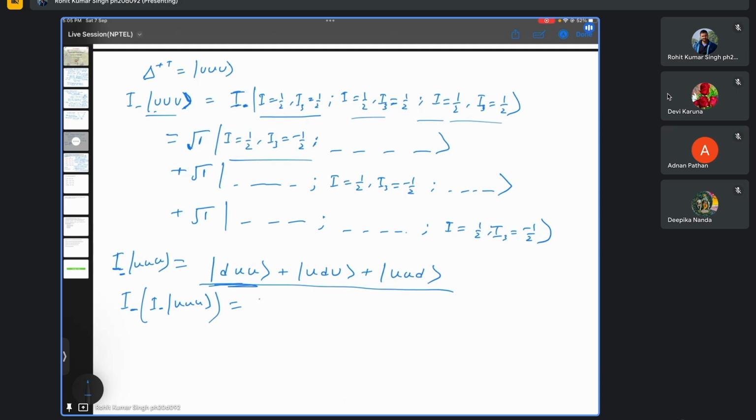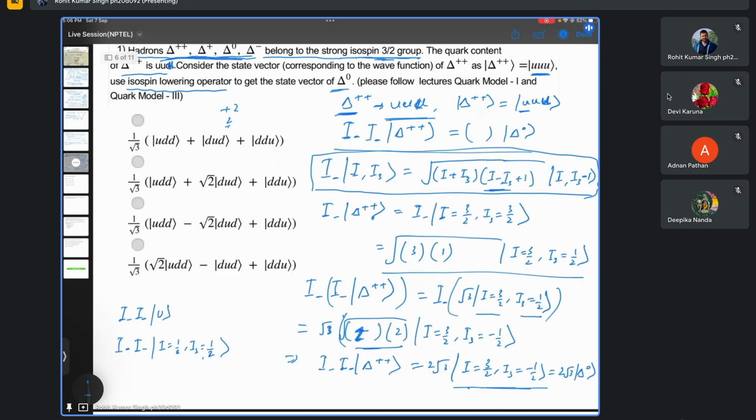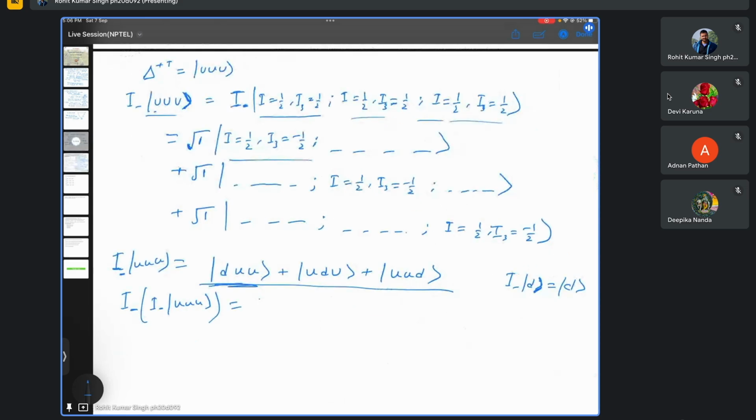If we assume that I minus on d does nothing, so it basically gives you the same. If you assume this, then let's see what happens. I think that assumption should work.